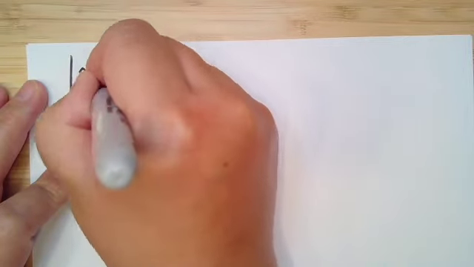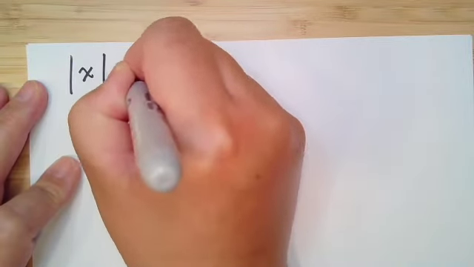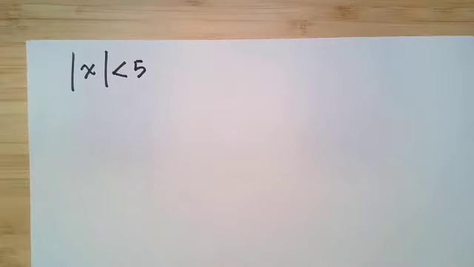Now the challenge is absolute value inequalities. What about this one? Absolute value of x is less than 5. And we know if x is positive, anything less than 5 should work. If x is negative, then all the x to the right of negative 5 should work.